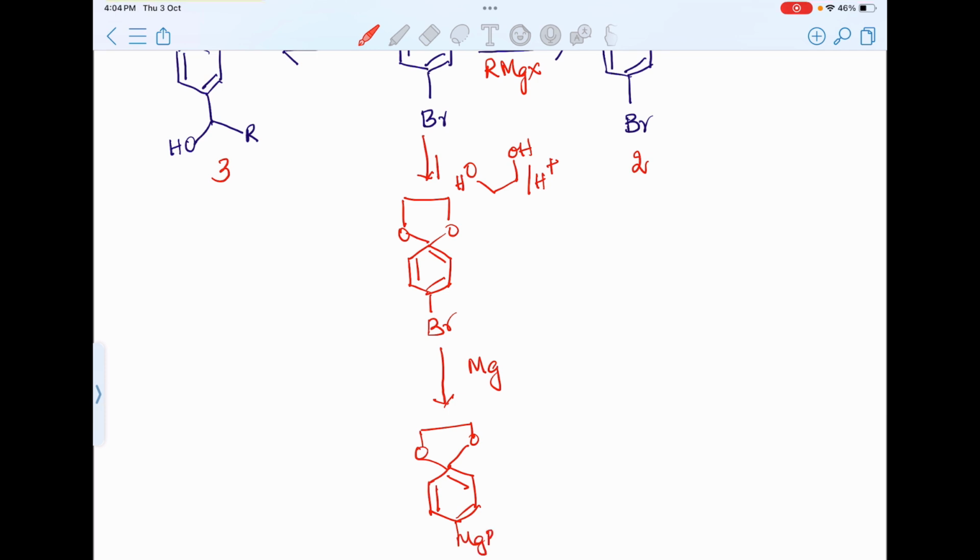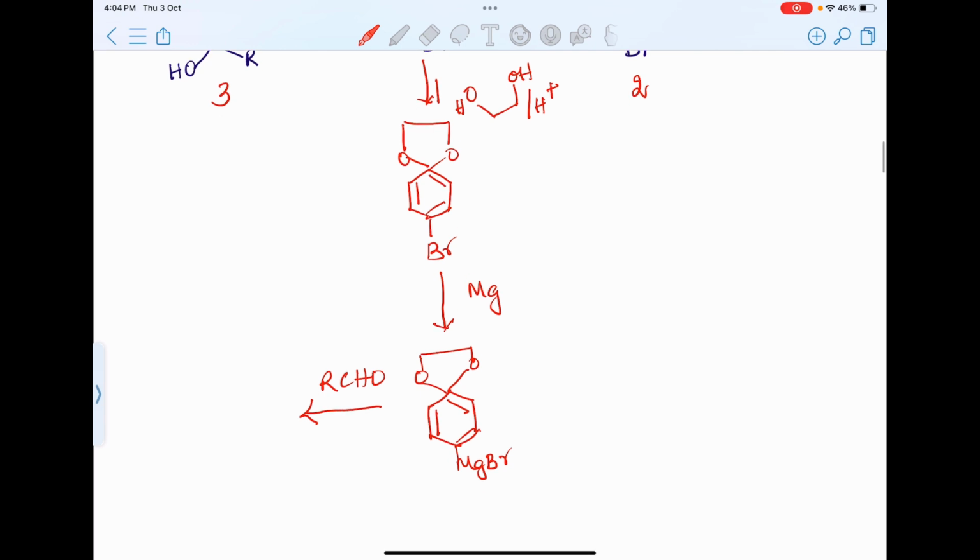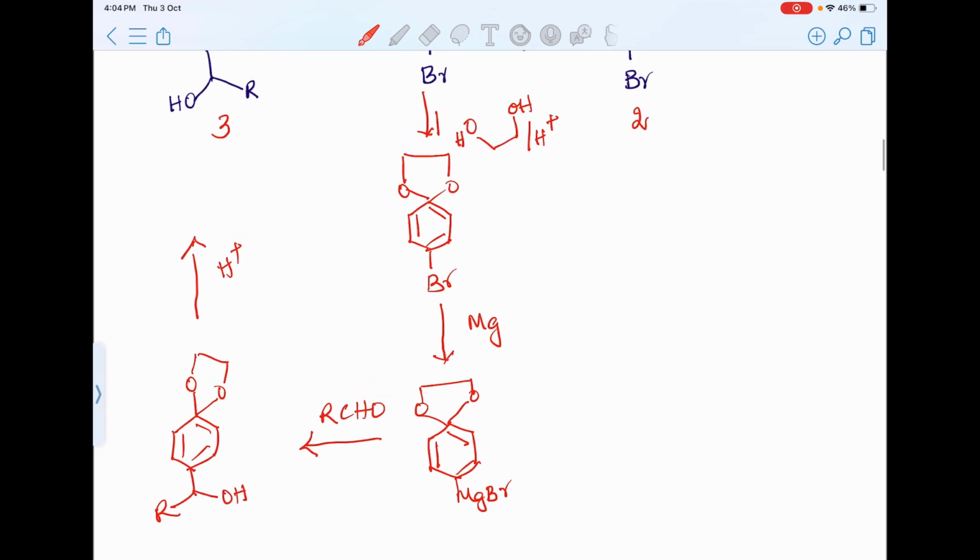This is the Grignard's reagent, and this Grignard's reagent on reaction with the aldehyde gives the secondary alcohol. And this protected aldehyde on deprotection with H plus, we get the product 3.